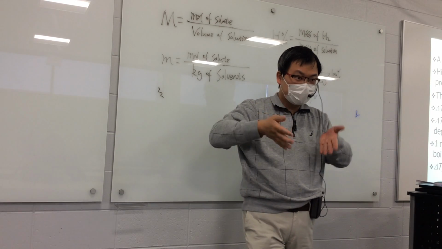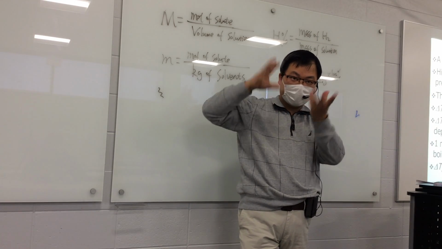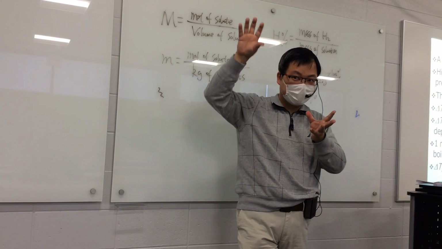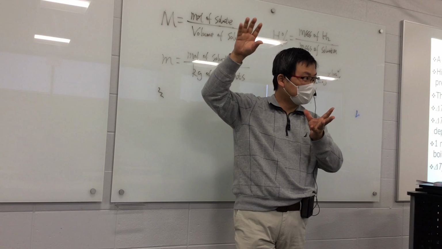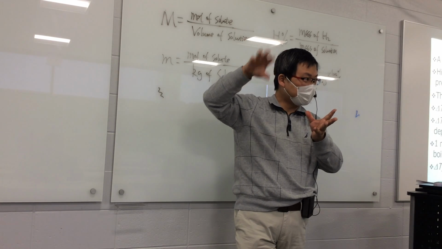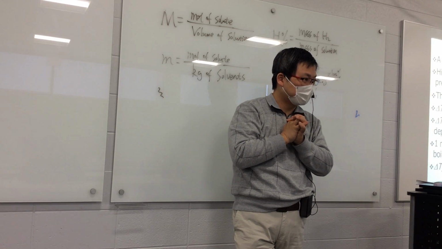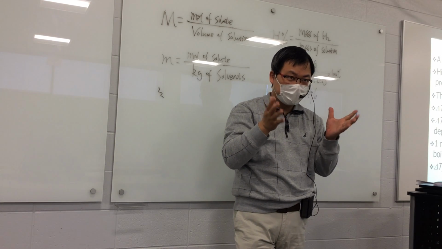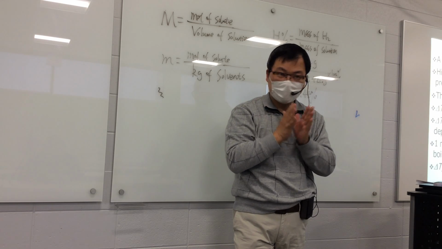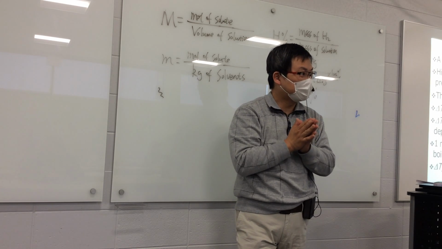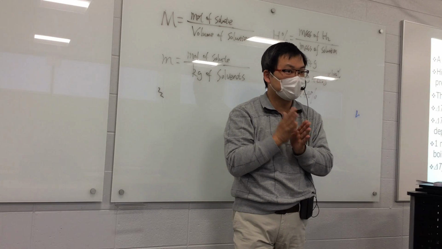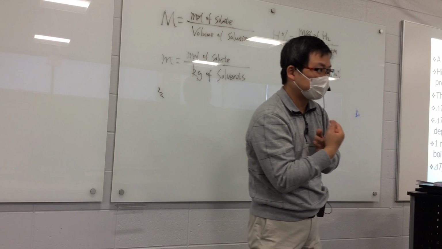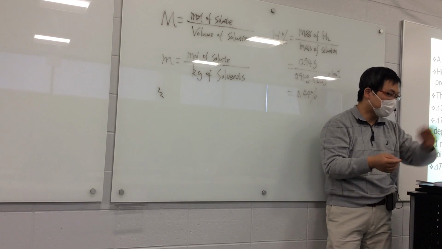And in a high pressure cooker, the pressure is higher. Therefore, the boiling point of water is higher than 100 Celsius degrees. Why? Because a liquid boils only when the vapor pressure equals the external pressure.